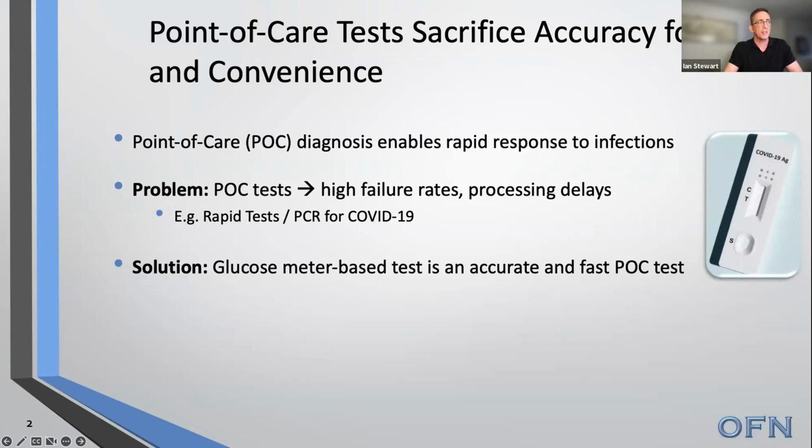Specifically in the technology field, the issues with these point of care tests are that a lot of times they have high failure rates, such as false positives. You can't set up point of care tests for certain analytes, so they're not very flexible.